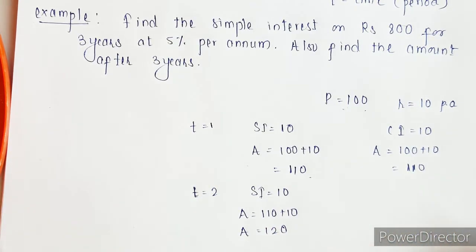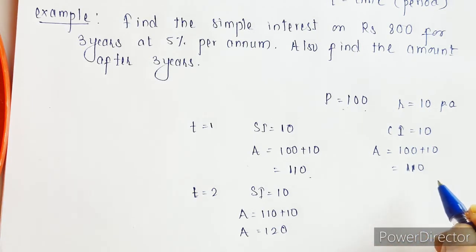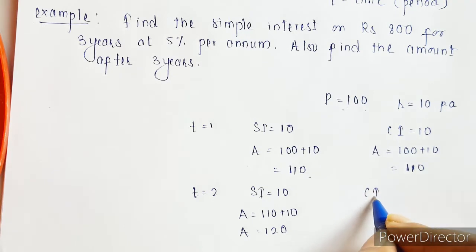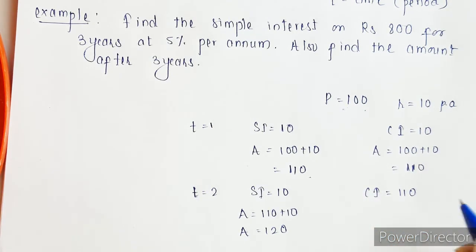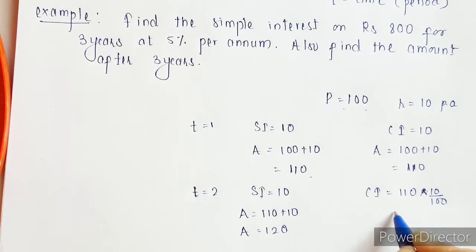But in case of compound interest, the interest is calculated on the amount you have, not the amount you had invested. So in this case the interest will be on this 110 rupees. 10% on 110 is nothing but 11 rupees.